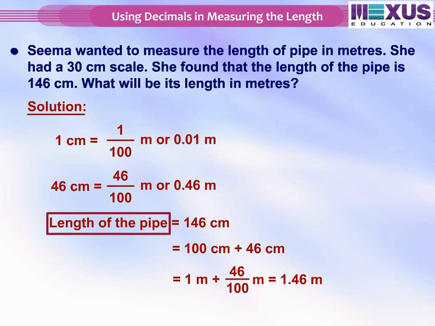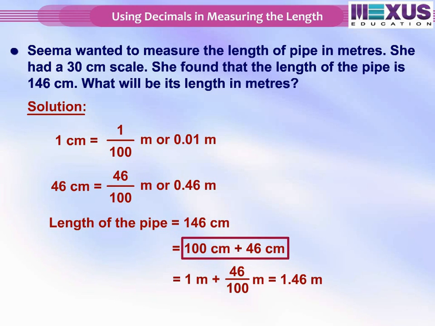Thus, the length of the pipe is 146 centimeters, which is equal to 100 centimeters plus 46 centimeters. So, 1 meter plus 46 by 100 meters is equal to 1.46 meters. Hence, the length of the pipe in meter is 1.46 meters.